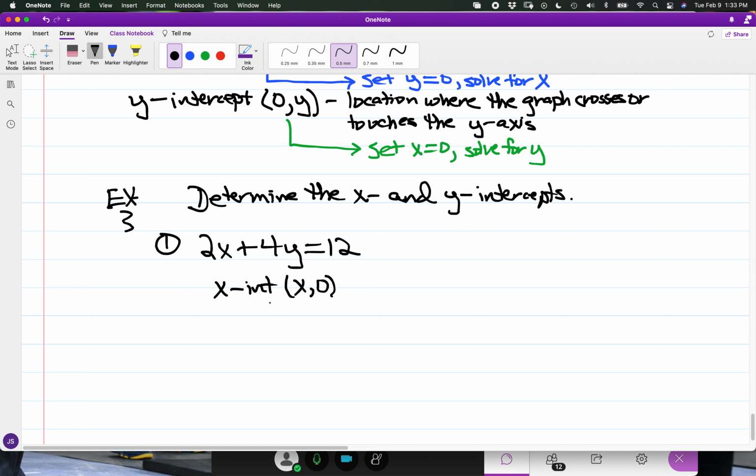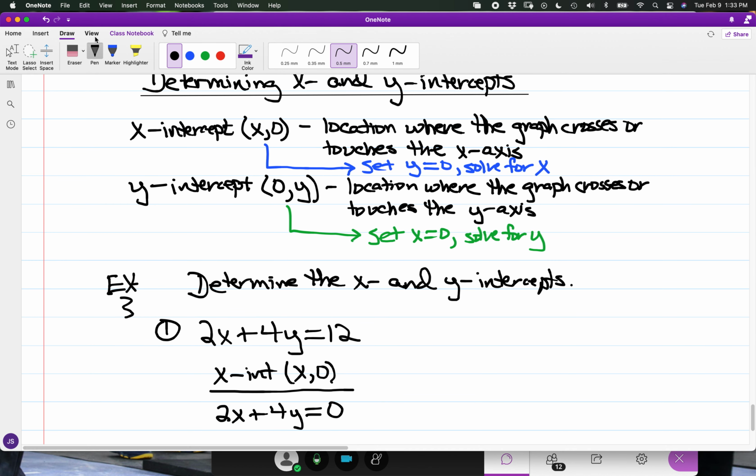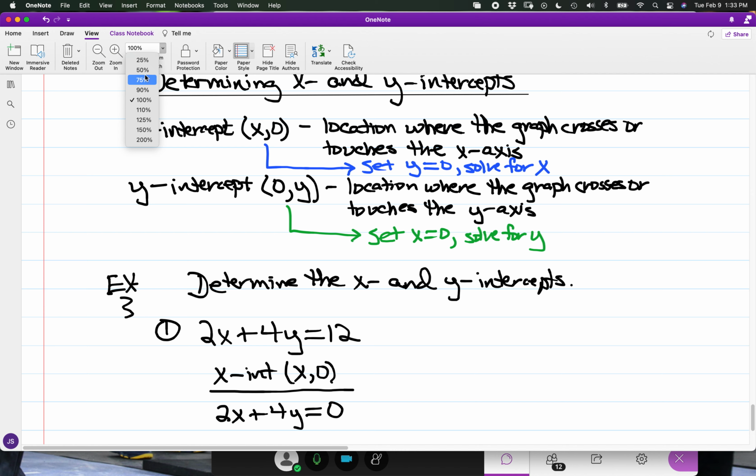again with the general coordinates of each x-intercept, we will have x, 0. So for each x-intercept, you're setting y equal to 0 and solving for x.